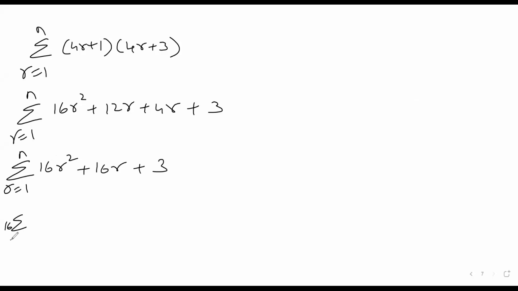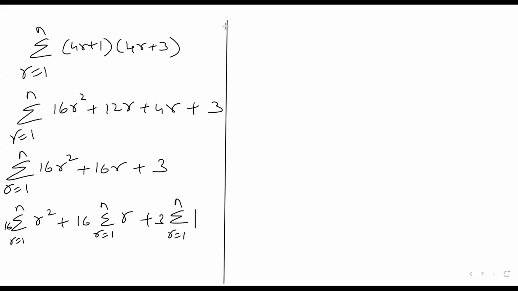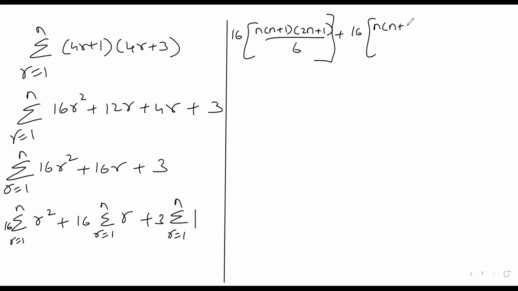This is 16 summation r runs from 1 to n, r square, plus 16 summation r runs from 1 to n, r, plus 3 summation r runs from 1 to n, 1. What is the sum of squares of first n natural numbers? It is n plus 1, 2n plus 1 by 6, plus 16 n plus 1 by 2, plus 3n.